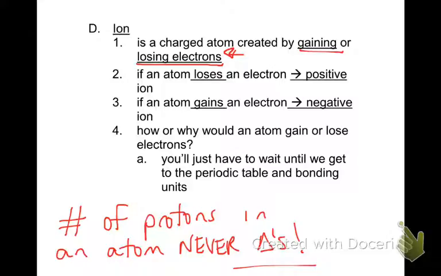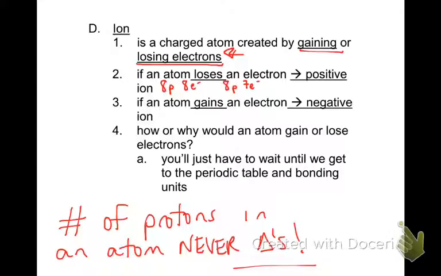If an atom loses an electron, it's going to become a positive ion. I mean, that makes some sense. Here's what I want you to think about. If we lost a negative, let's just say, remember atoms are neutral, so we've got 8 protons and 8 electrons. If we lost an electron, we now have 8 protons and 7 electrons.